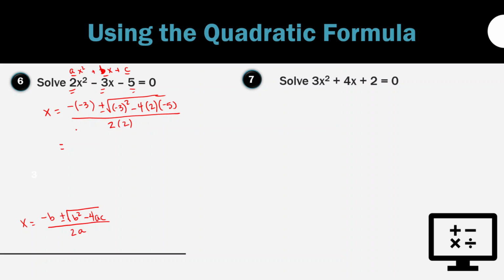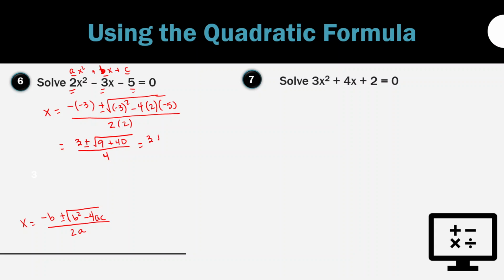So now let's simplify this. The minus a minus 3 becomes a positive. Negative 3 squared becomes 9. Multiplying all this together, negative 4 times 2 is negative 8, times negative 5 is a positive 40, over 4.